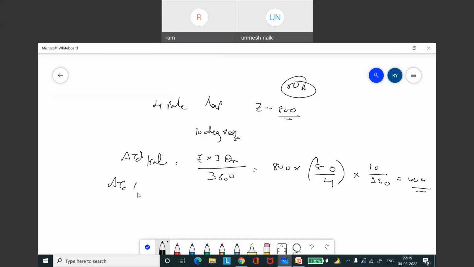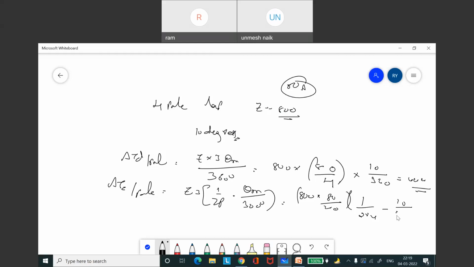AC per pole is Z I into 1 by 2 pi theta angle, which gives 555.5.